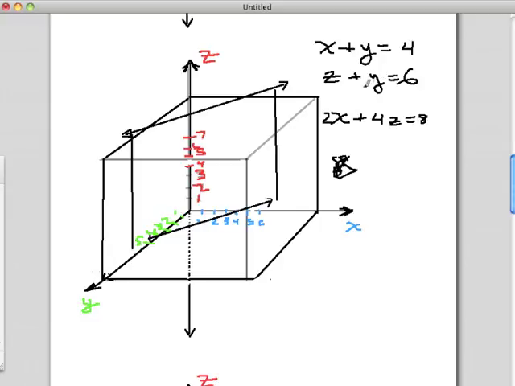And just like we did a second ago, if z plus y equals 6, the line down here would go through these 2 points. I would just remember we're looking down at this zy plane, and it looks like standard form. It isn't standard form, but with z and y. And how would that line look? Let's see if I can do it right this time. It would look like this.